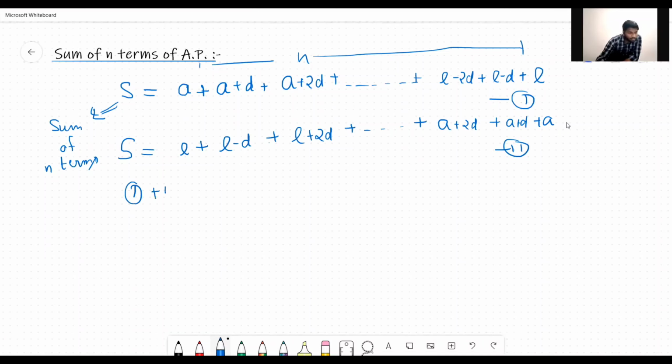Now add these two equations, 1 plus 2. It will give you 2S, S plus S. On the right, the D terms cancel, and it will give you A plus L.